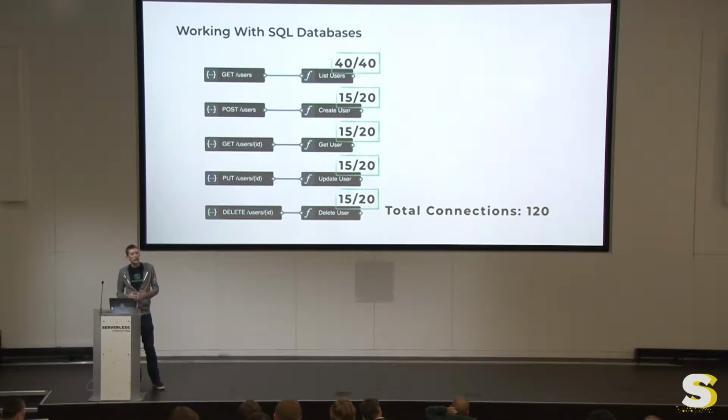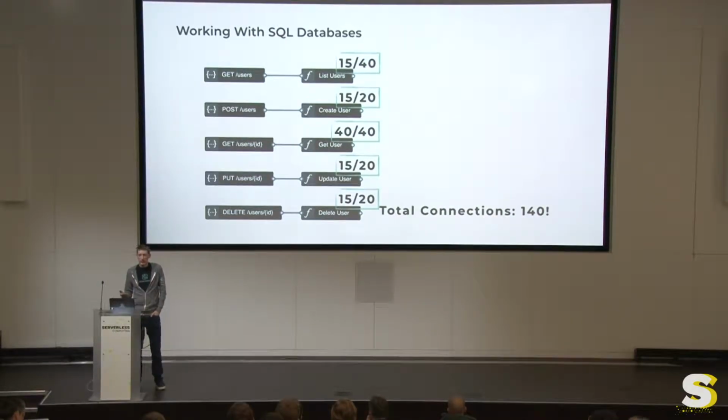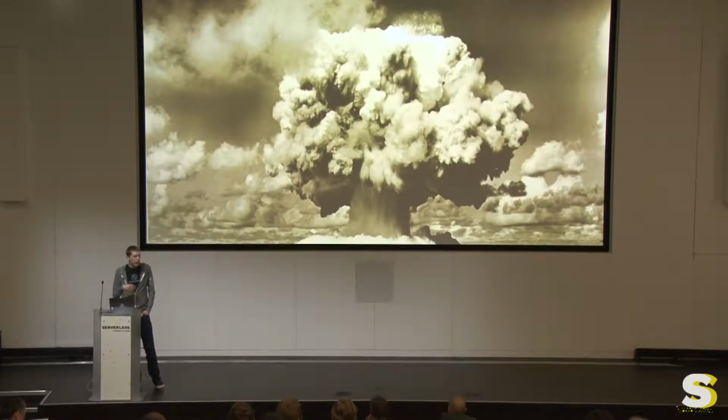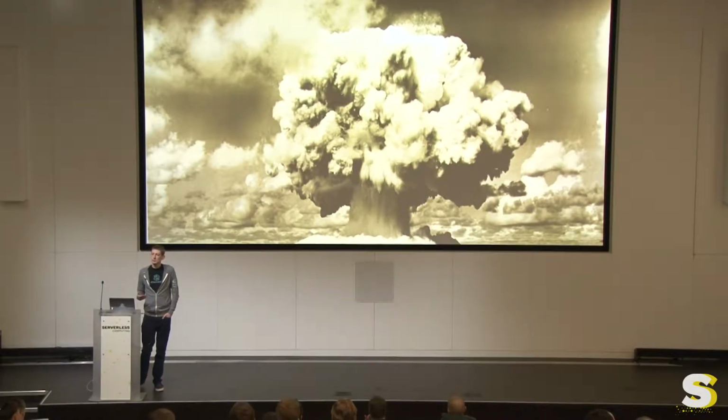Meanwhile, we've got 5 idle instances of the other API functions. So now we're hitting 120 open connections between both idle functions and running functions. That's the maximum that our database can handle. So if we shift traffic one more time, now we're over our database connections limit. And everything falls apart.